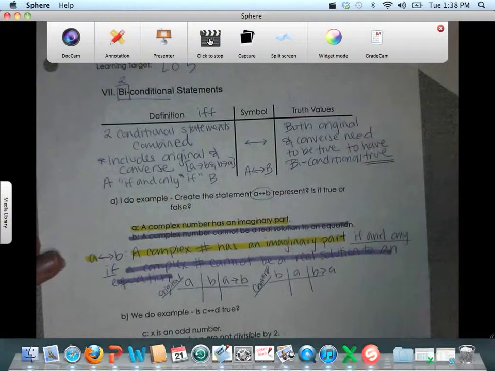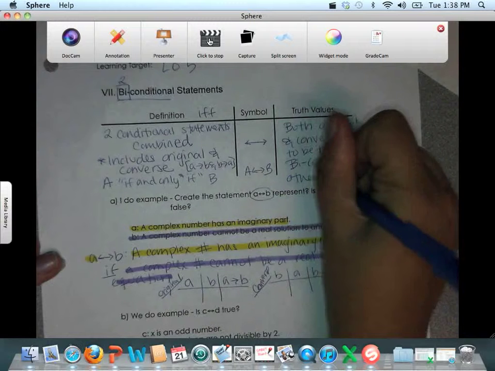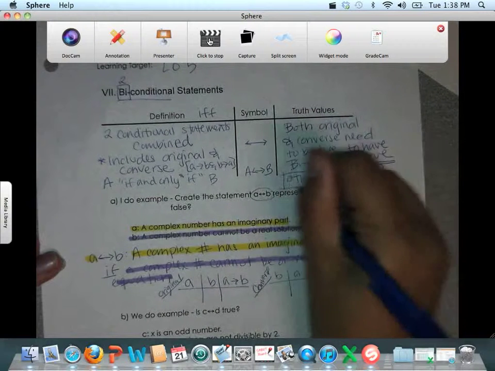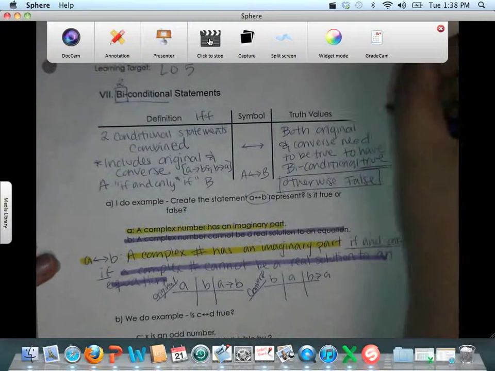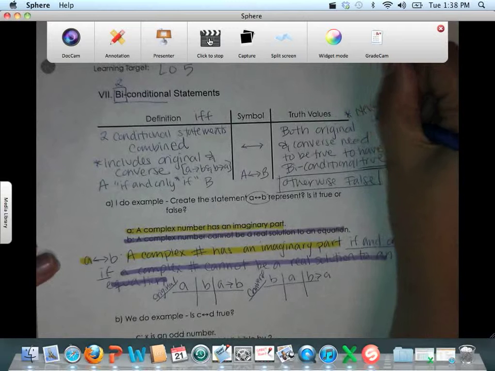So to be true, both have to be true. Otherwise, you're false. A note you need to notice is they're never open.